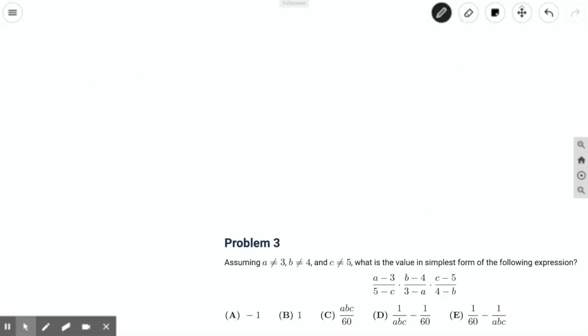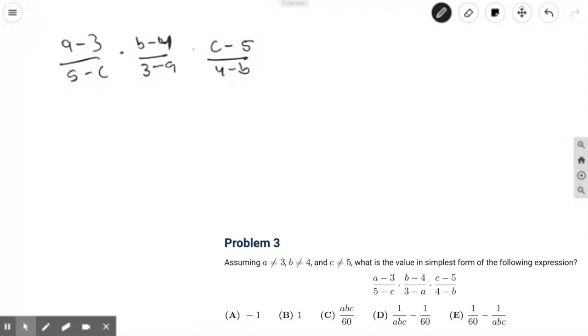Now moving on to the third problem, that states, assuming A is unequal to 3, B is unequal to 4, and C is unequal to 5, what is the value in simplest form of the following expression? A minus 3 over 5 minus C times B minus 4 over 3 minus A times C minus 5 over 4 minus B. Now let's change up the denominators by rearranging this.